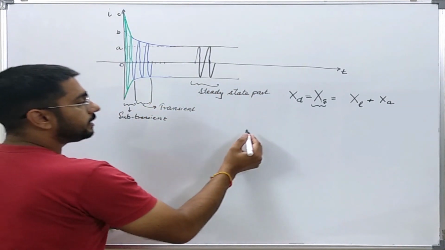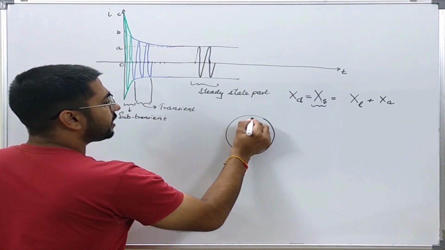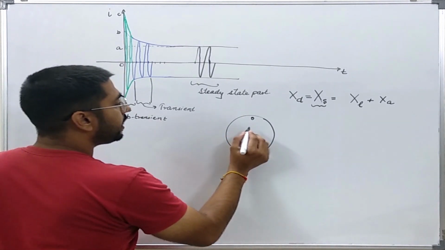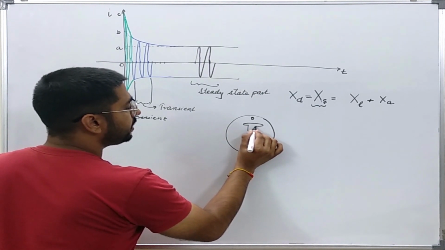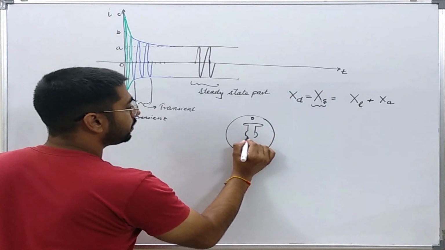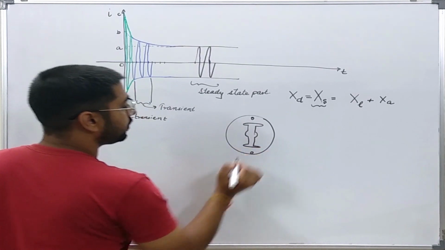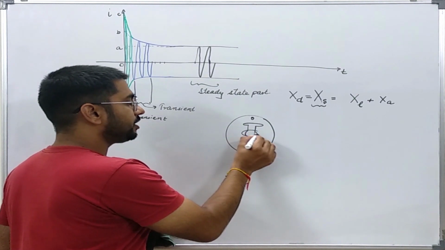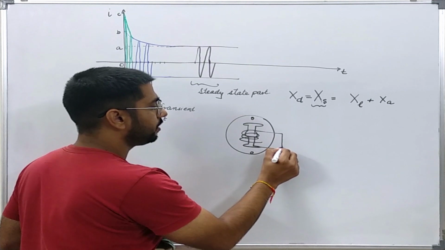Let us say this is the armature of a synchronous machine, and I am trying to show a winding. Let us say this is the rotor of that machine. There is a field winding on this rotor, which is carrying DC current.